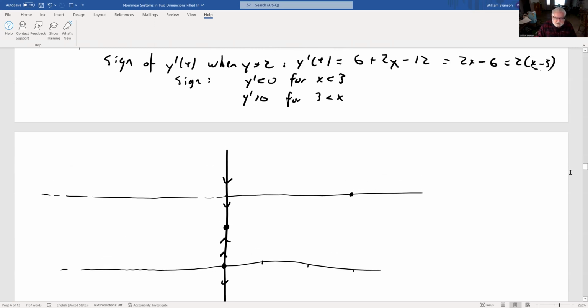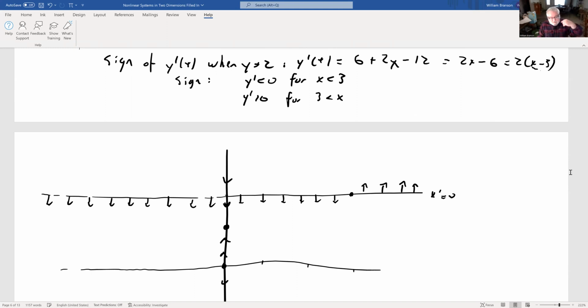And y prime is less than 0 for x less than 3. So all along this part, our arrows point down. It's nice that they match up here. This again is x prime equals 0, and all along here, they're going up.